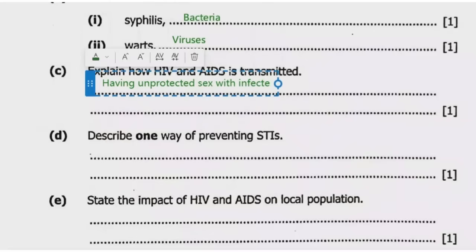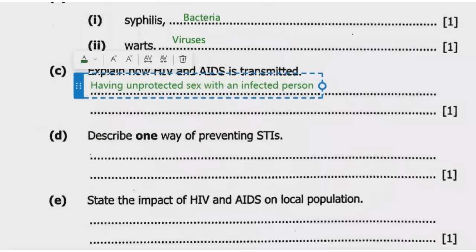Having unprotected sex with an infected person means you are going to get HIV AIDS.